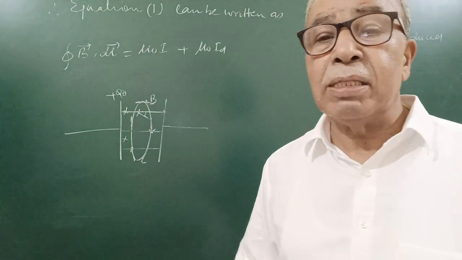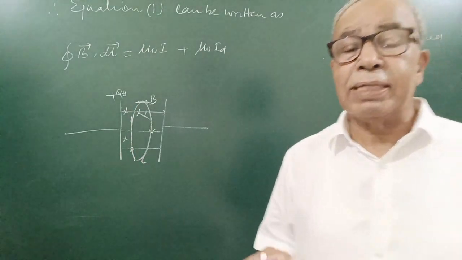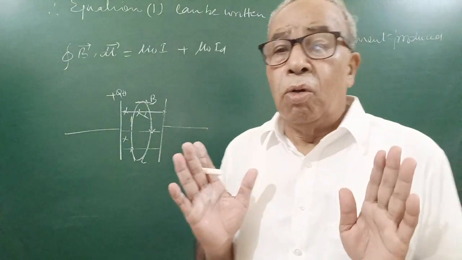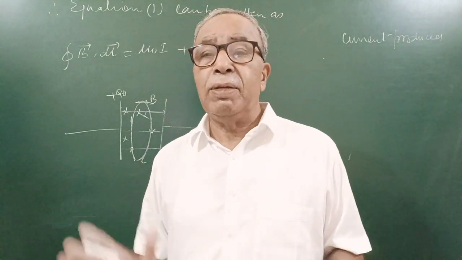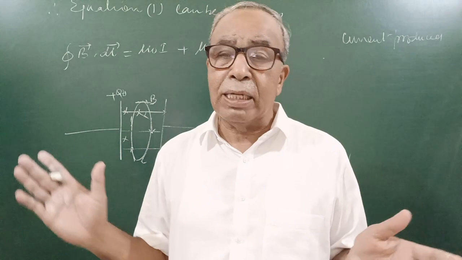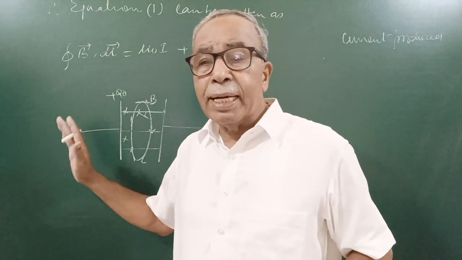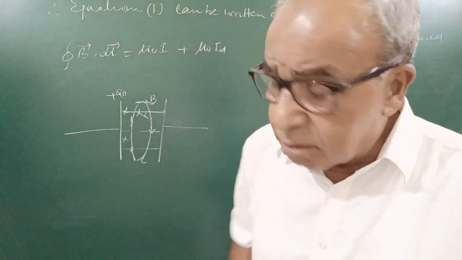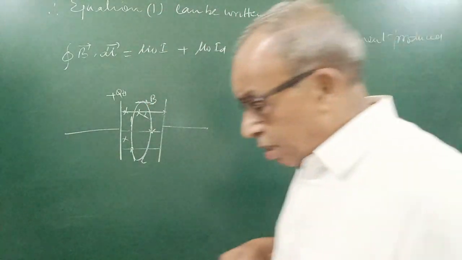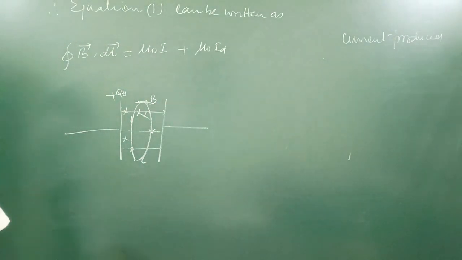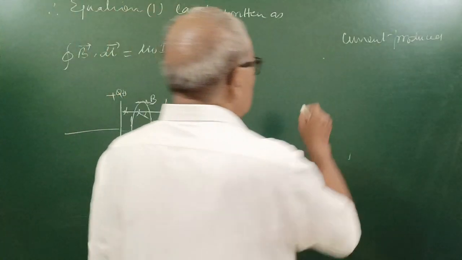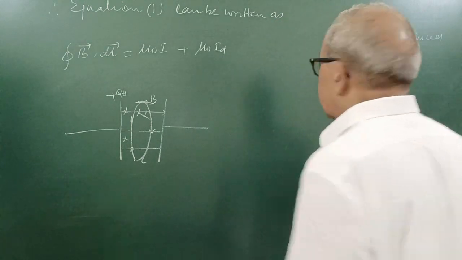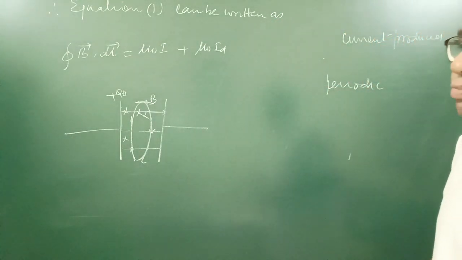A static electric field, meaning the electric field is not changing with time, or a magnetic field not changing with time, is not a wave. वेव तभी होगा जब कोई भी फिजिकल क्वांटिटी वेरी कर रही होगी. यहाँ पर इलेक्ट्रिक फील्ड, मैग्नेटिक फील्ड वेरी कर रहे हैं. Yes dear student, I thought yesterday that you may not understand what periodic variation is.